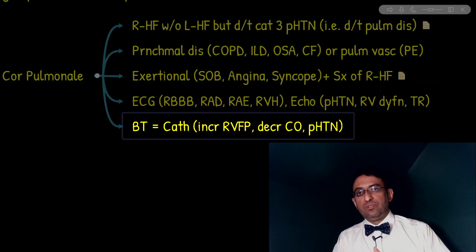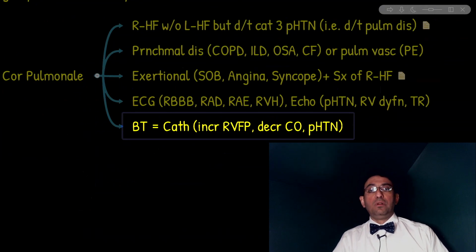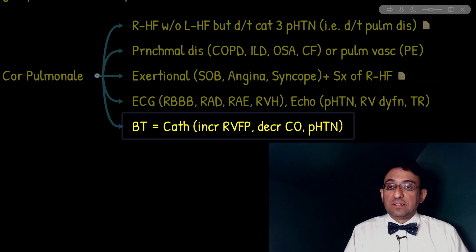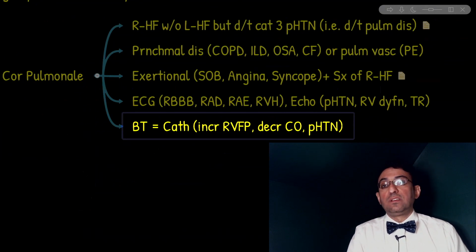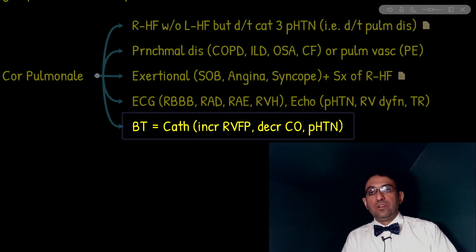Because of that, we need to order a ventilation perfusion scan, and if the results come positive for chronic pulmonary embolism, the treatment would be surgical thrombectomy. However, if the patient is not a candidate for surgery, we can manage with thrombolytics or anticoagulation. And this finishes our discussion of pulmonary hypertension and cor pulmonale.